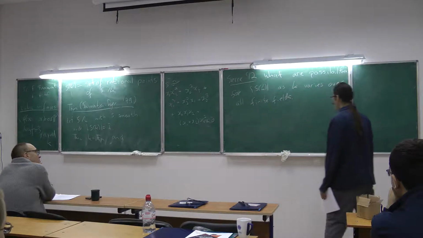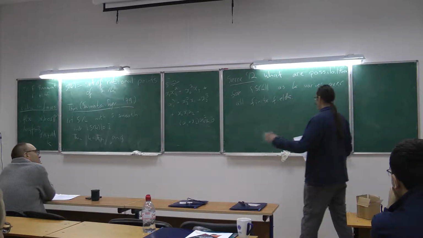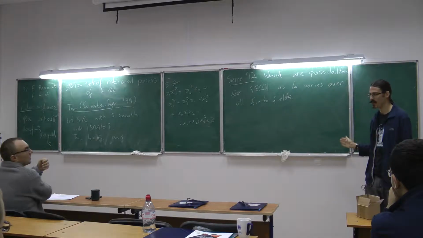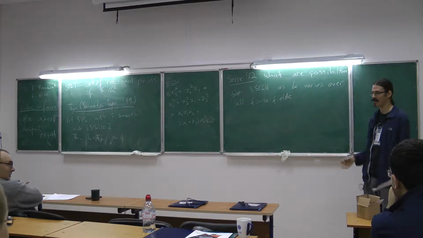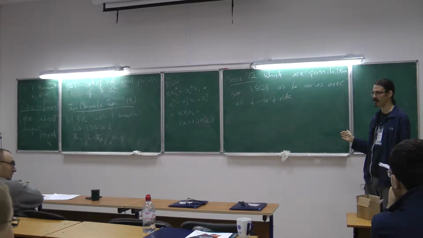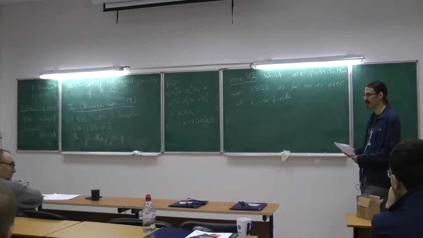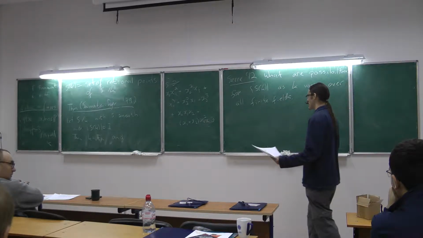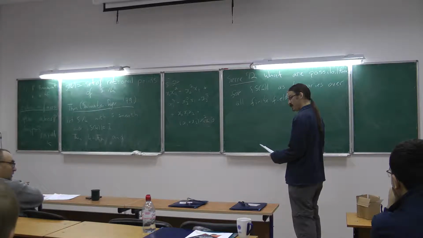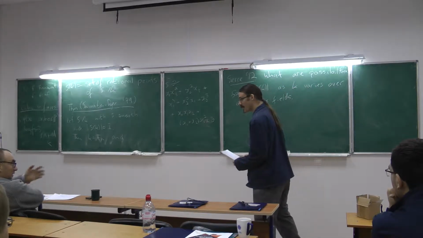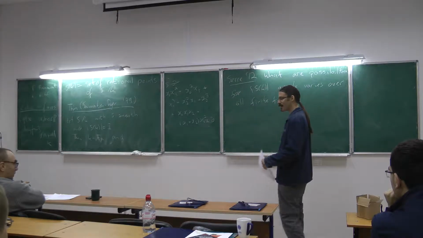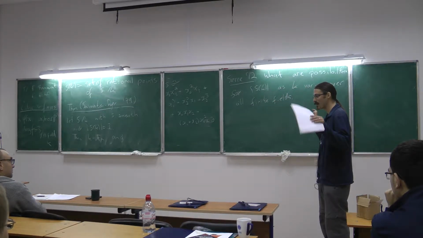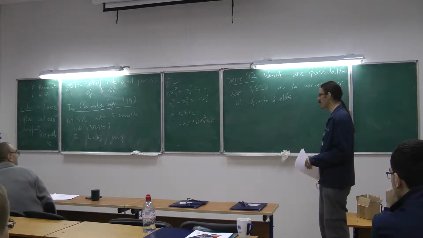Probably a better way to say it is: you're given a finite field which is fixed, and you ask how many points a cubic surface can have over this finite field. Do you fix the characteristic? No, just go wild. You want a complete answer: over all finite fields, what all the possibilities are.